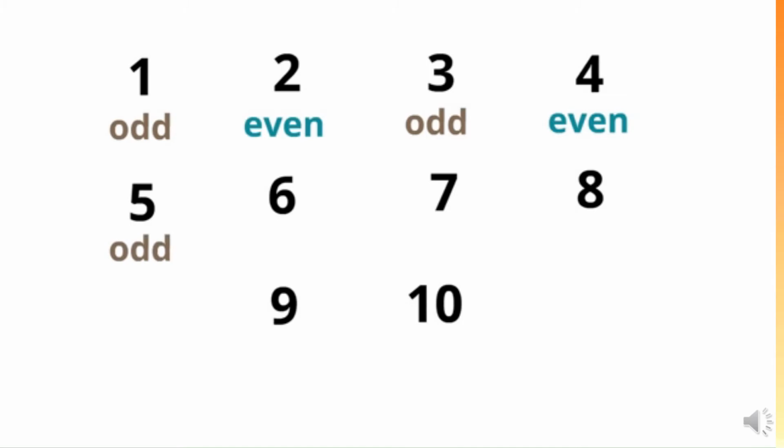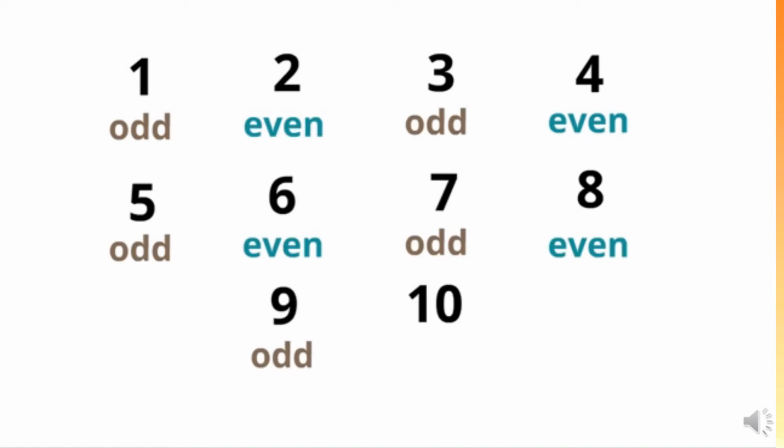And if 5 is odd, 6 is even. And if 6 is even, that means 7 is odd. And if 7 is odd, that means that 8 is, come on, what's the pattern? It's even. So if 8 is even, 9 is odd.